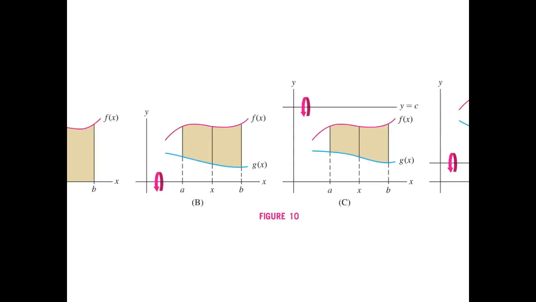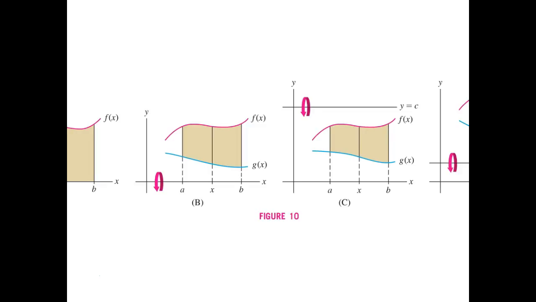The next is going to revolve around some horizontal axis, not the x-axis. Okay? Now, when you do this, revolve around y is equal to c, that's up here above f. Now, your outer radius is your f, because they're revolving around the x-axis, and your inner radius is the g, so it's f squared minus g squared.